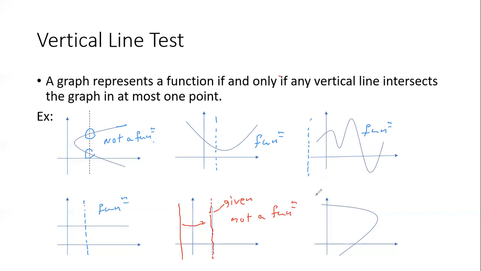This one, if you draw a vertical line here, it intersects only one point, but if you draw a vertical line here, it intersects 2 points. Here, same thing, it intersects 2 points. This means if you can draw a vertical line anywhere which intersects the given graph at more than one point, it is not a function. Therefore, this is not a function.